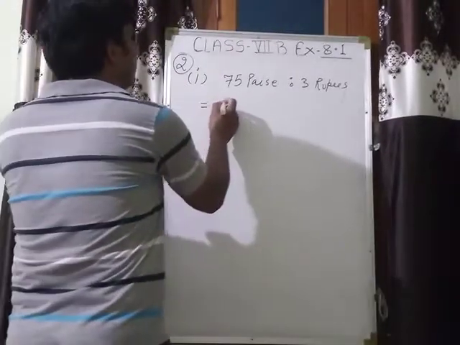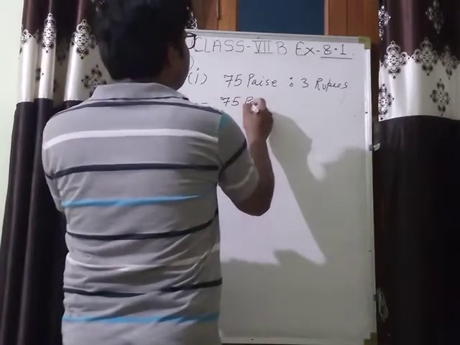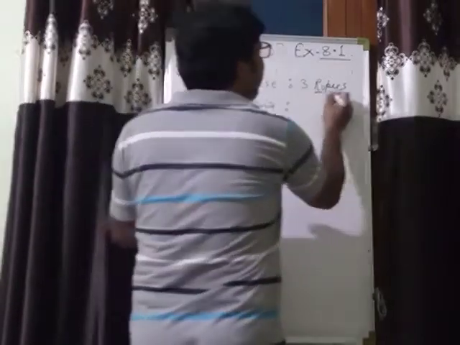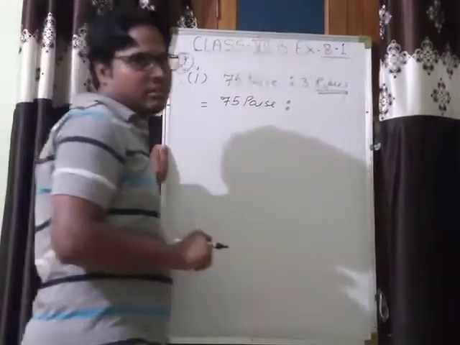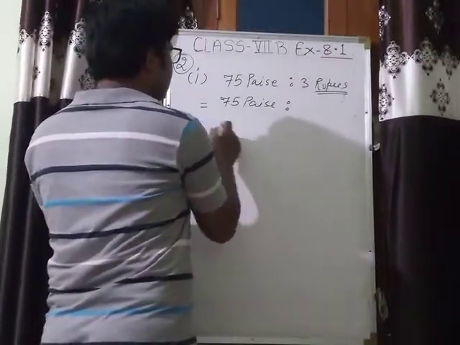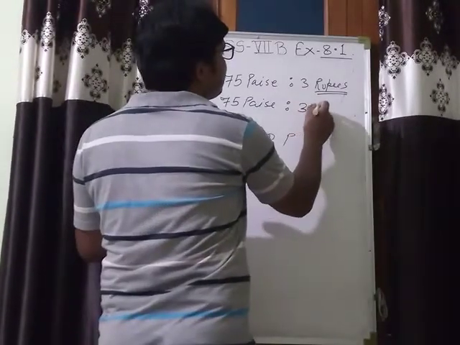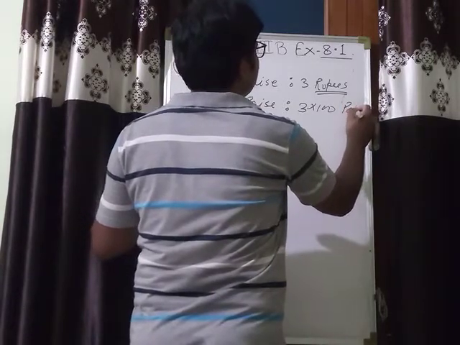So this is the same as 75 paise is to, we have to convert this also into paise, the units of both must be the same. So we know that 1 rupee is equal to 100 paise. So multiply by 100, that will change it into paise.